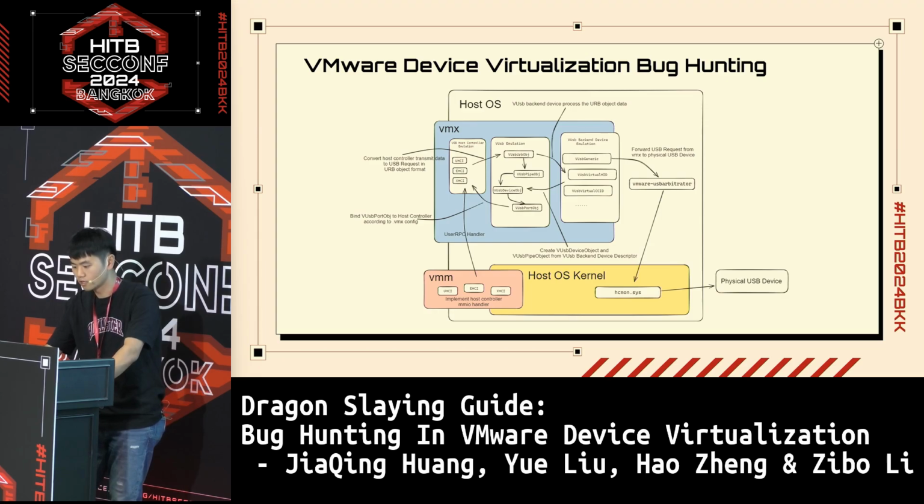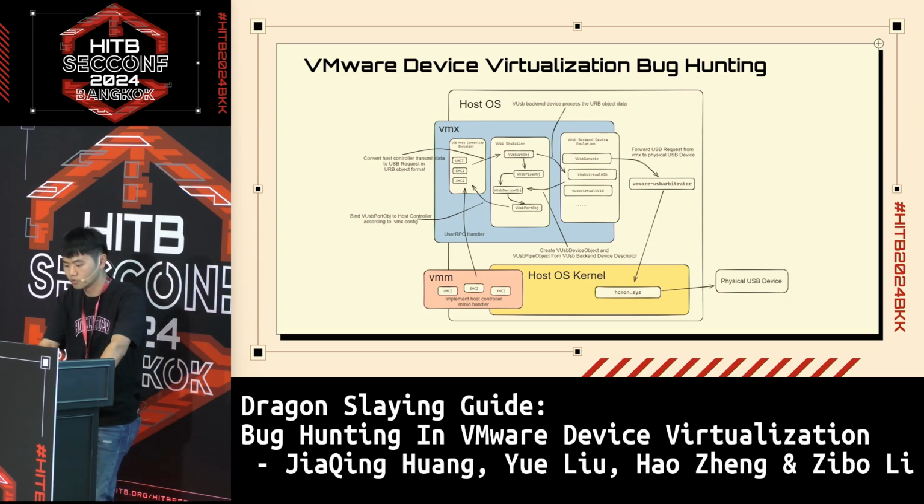Then it will convert the data into a URB object, which is eventually processed by the backend USB device. And if it tries to access the USB device plugged in the host machine, finally, another service is needed to help.